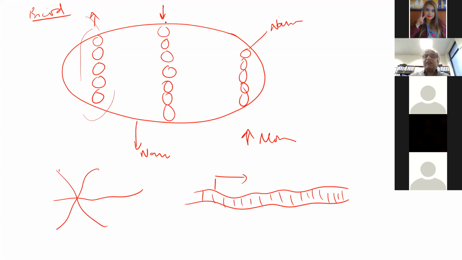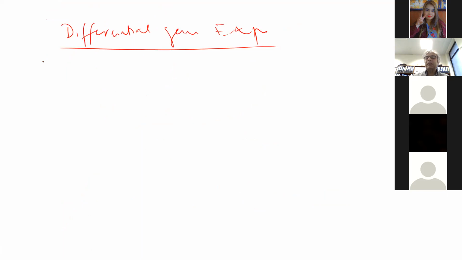Same genes which are active here, they may be repressed there, but a different set of bicoid responsive genes will be on because they can respond to low concentration, and there a different set will be active. What has happened now? You have set up a differential gene expression pattern.